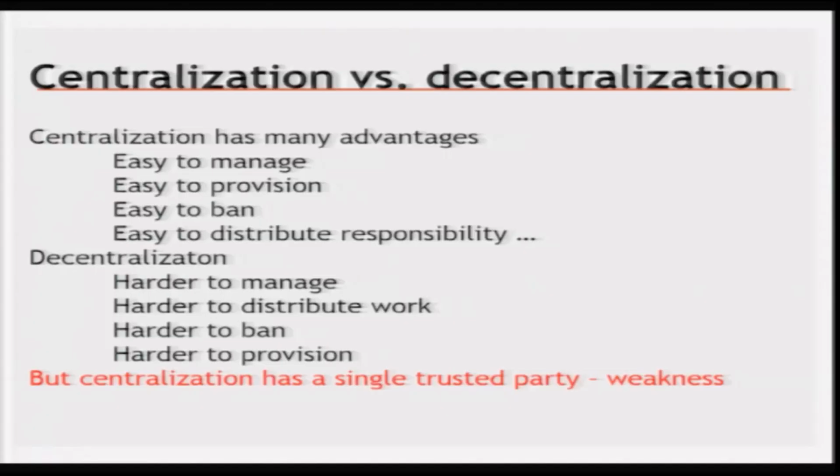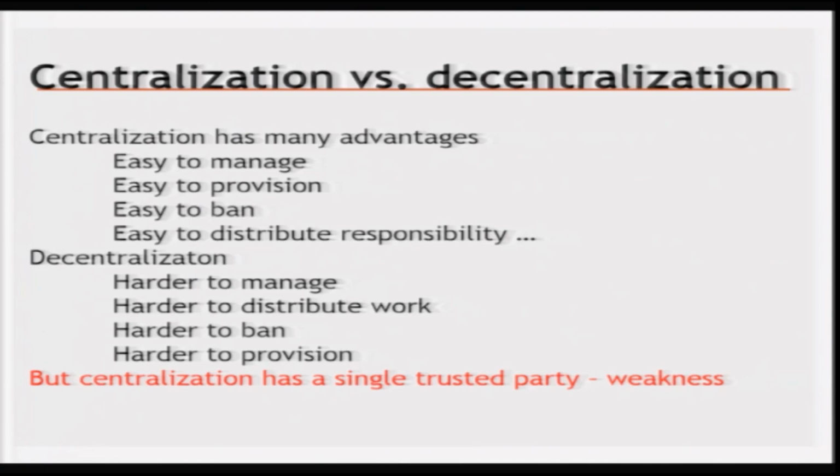Now, centralization has many advantages. For example, it is easy to manage. So, a bank will not have to worry about having replicas and privacy issues, because if you have many replicas, you have to make sure that the data is kept private, all that kind of stuff. It is easy to provision. So, for example, if you want to create a new account, you have to just make a change in the central database.